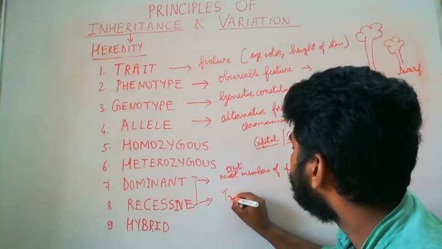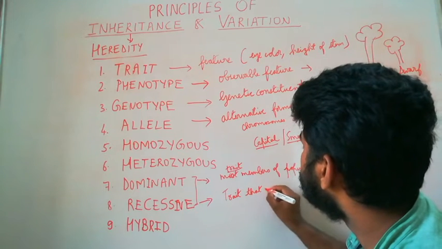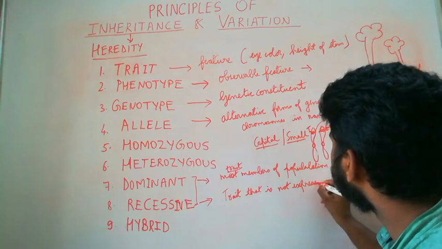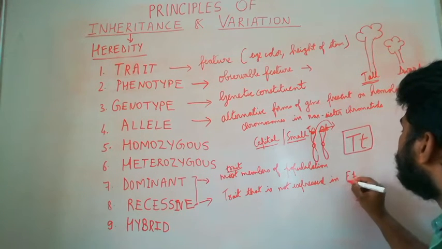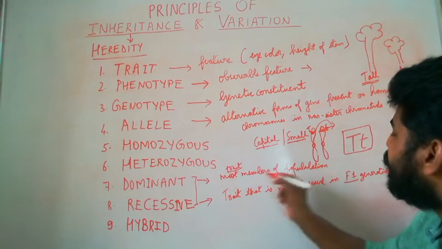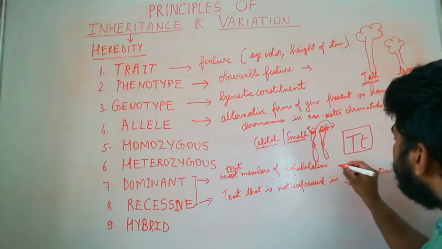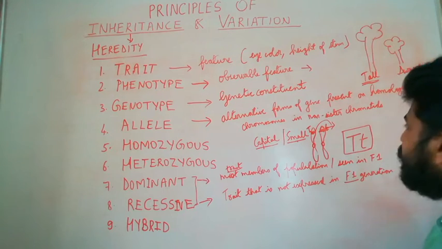So a recessive trait is one that is not expressed in the F1 generation, whereas the dominant trait is the one that is seen in the F1 generation.